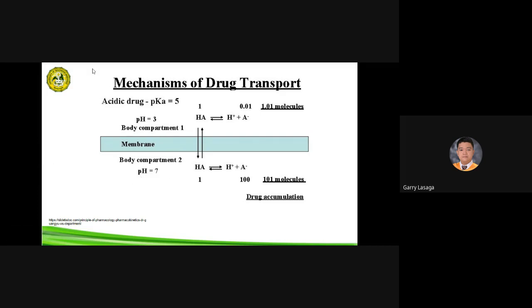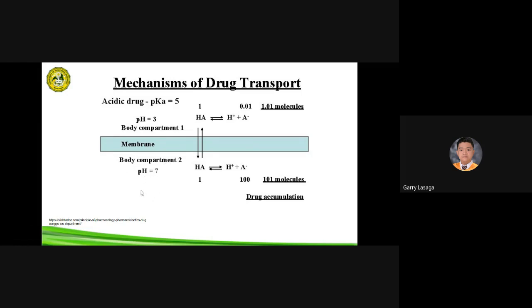When you have toxicity due to the accumulation of an acidic drug, in order for that particular drug to be eliminated from the body through the urine, you need to alkalinize the urine in order for the acidic drug to be trapped in the urine.